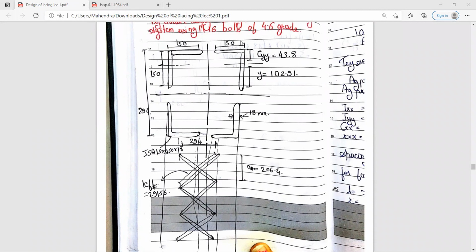After completing the diagram, let me know. And if you are having any queries, you can ask.